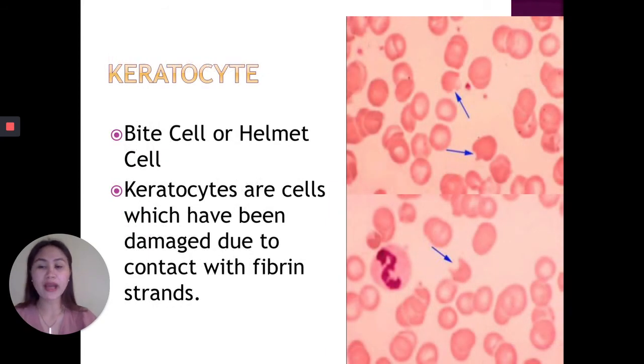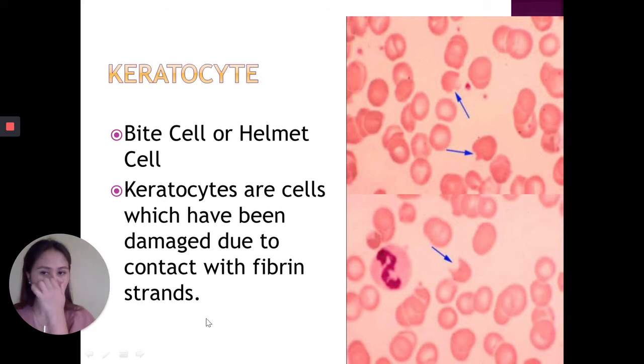Next, we have keratocyte. Keratocyte is actually part of those that can be called schistocyte. Keratocyte is also known as bite cell or helmet cell. Keratocytes are cells which have been damaged due to contact with fibrin strand.